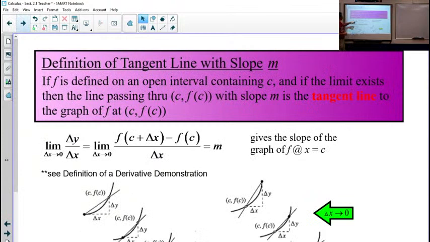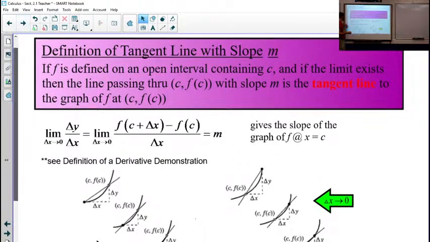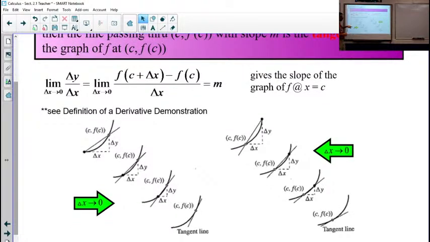So the limit as that distance approaches 0, we're going to use h. But you'll see sometimes you'll use delta x and delta y for changes. If you see delta, I think chemistry uses delta for change as well. Sure does.